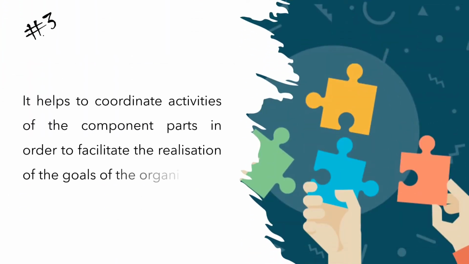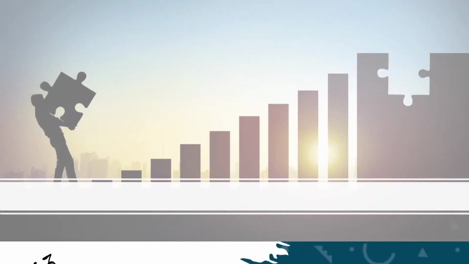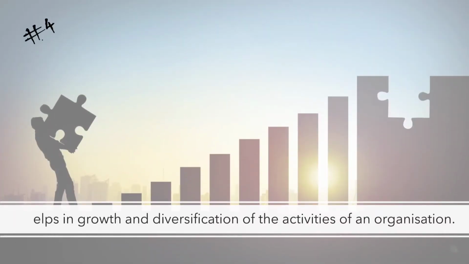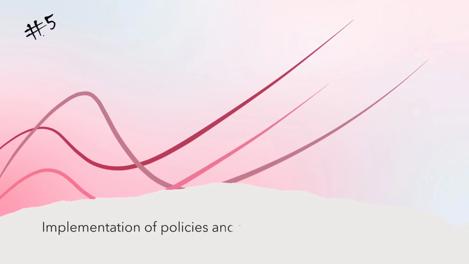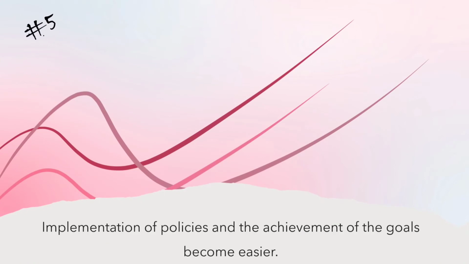It helps to coordinate the activities of the component parts in order to facilitate the realization of the goals of the organization. It helps in growth and diversification of activities of an organization. Implementation of policies and the achievement of goals becomes easier.